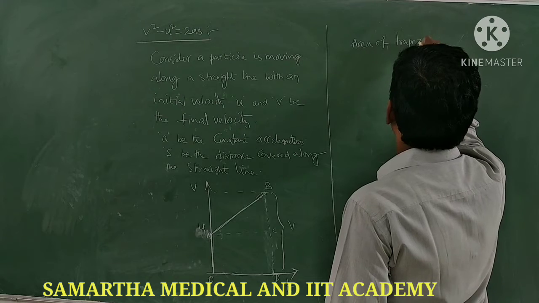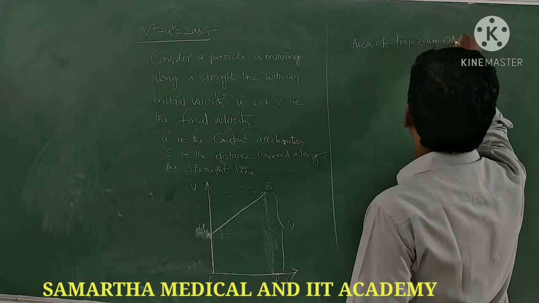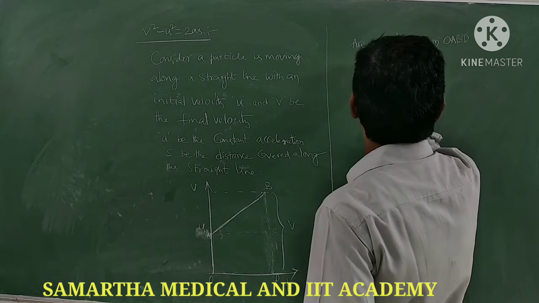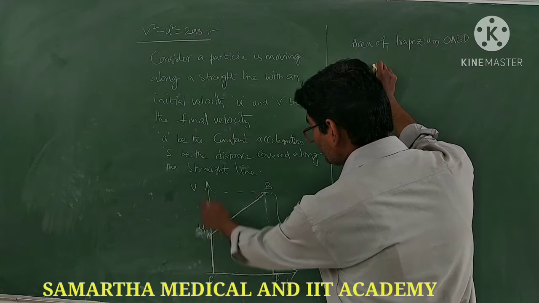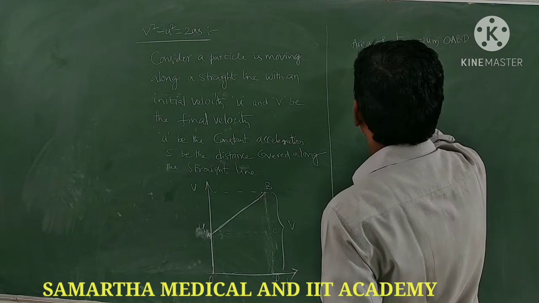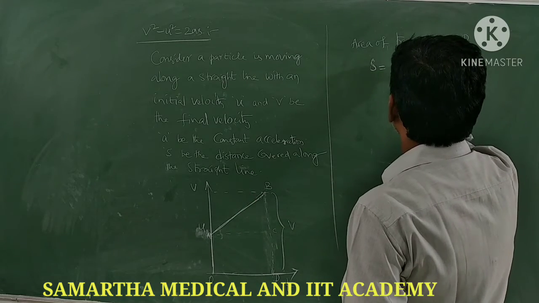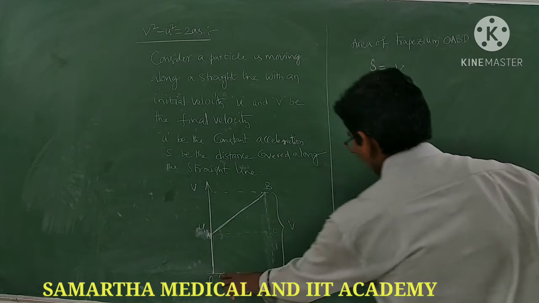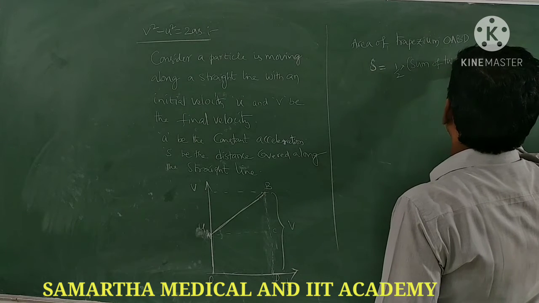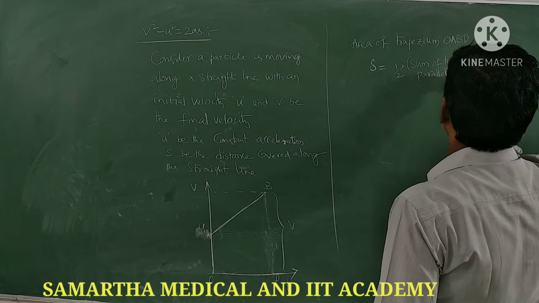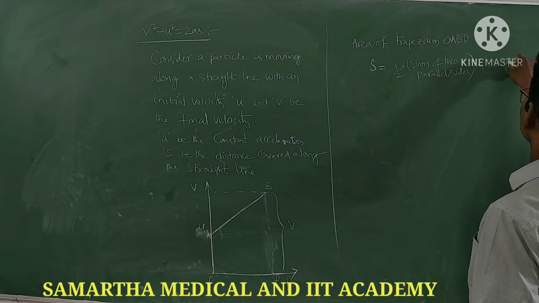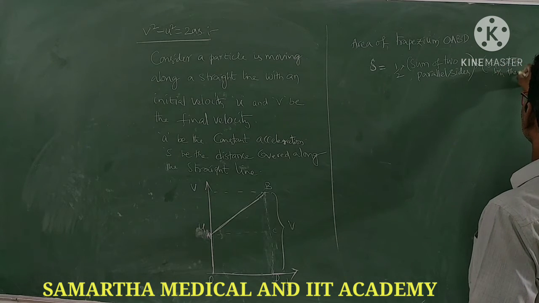The area of trapezium OABD: since this is a v-t curve, the area covered gives the distance covered, the displacement. It is equal to half into the sum of the two parallel sides into the separation between them. The parallel sides are OA plus BD, and the separation between them is OD.